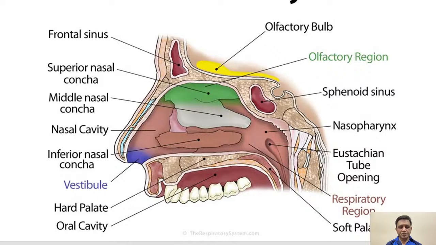Now just watch the air comes in, goes out. Watch the two openings, the right and the left.